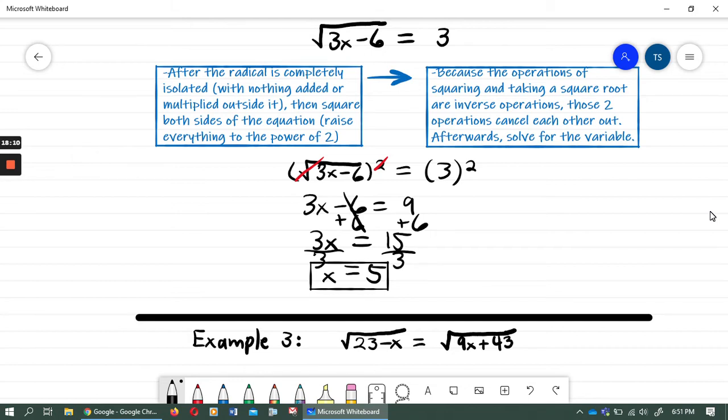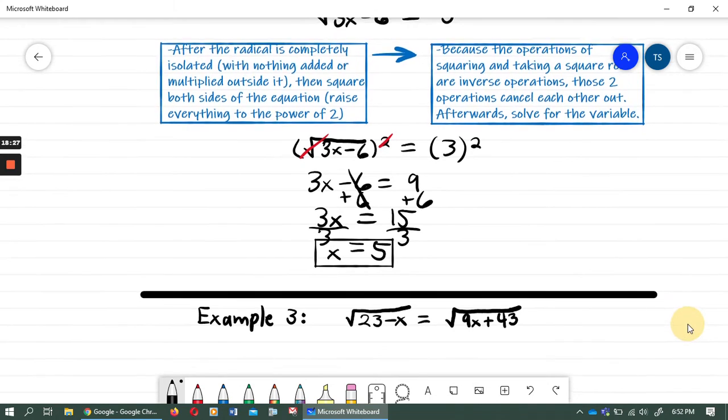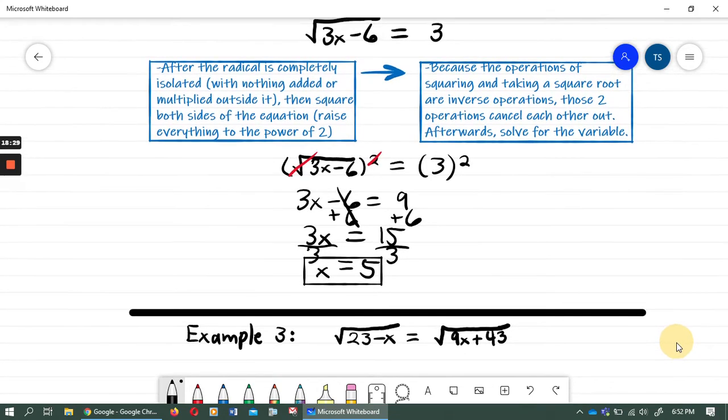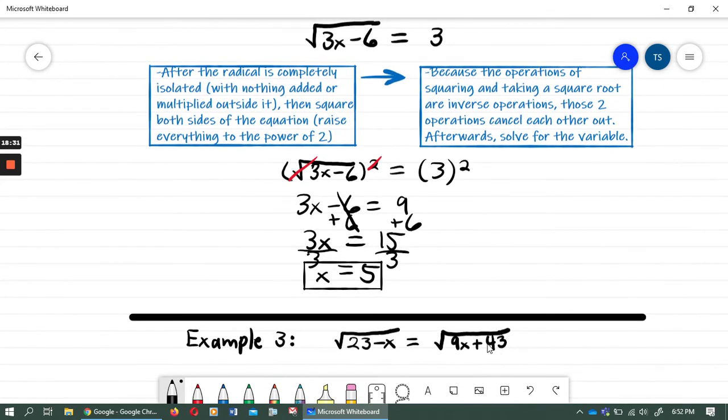And really, guys, it really would not matter in this particular case, where there's a radical on each side of the equation, if the radicals are isolated. But again, you would usually begin, folks, in an example like this where you have a radical on each side of the equation, by squaring both sides of the equation.